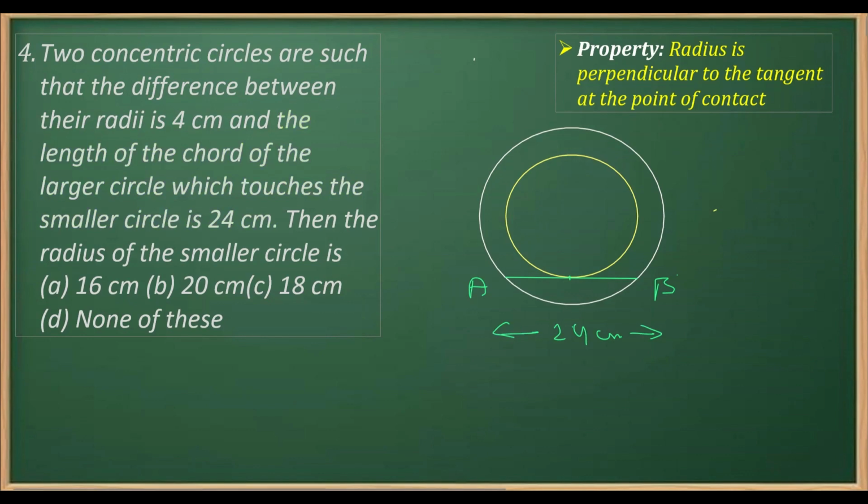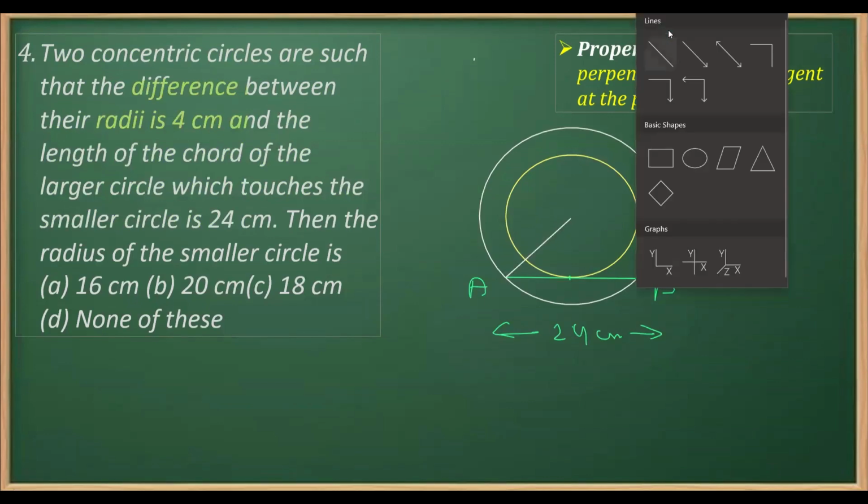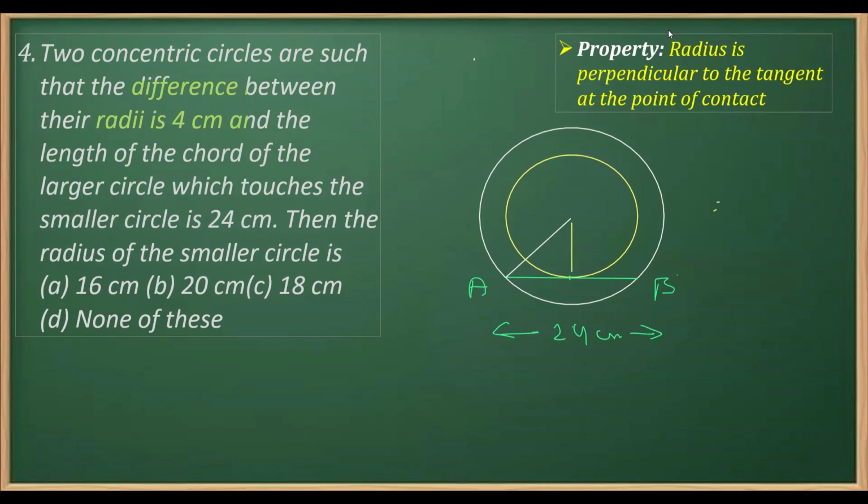We can see one more piece of information, the difference of their radii. So let's make the radii here. I make the radius of the outer circle as this, and for the inner circle, I'm making the radius as this. I made the radius deliberately at the point of contact so that we can use the property that the radius is perpendicular to the tangent at the point of contact.